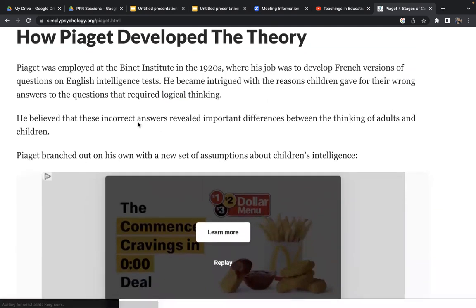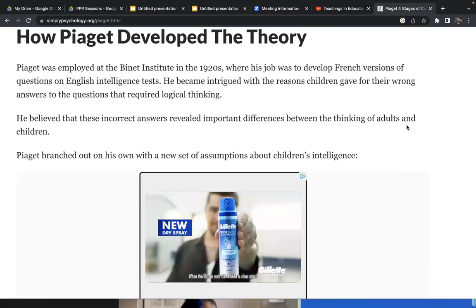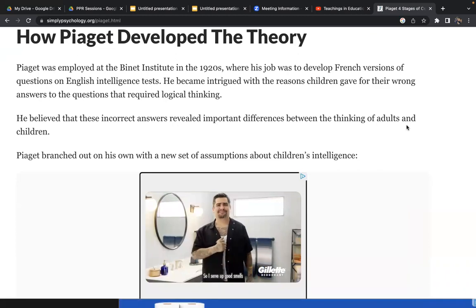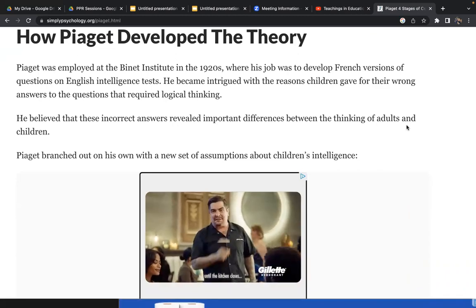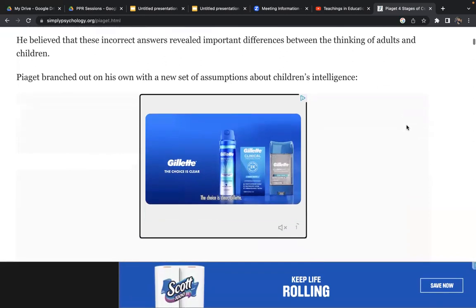He believed these incorrect answers revealed important differences between the thinking of adults and of children. And guess who were his first subjects? This is the interesting part for me, because I always feel like my own children are my testing subjects. I have a lot of education theory based on my experience with my kids. And that's what he did as well.